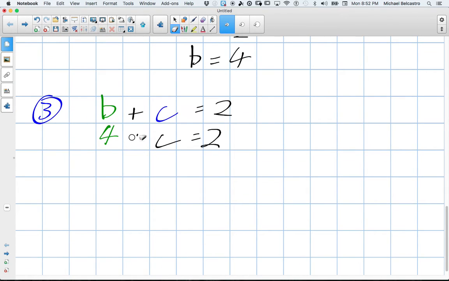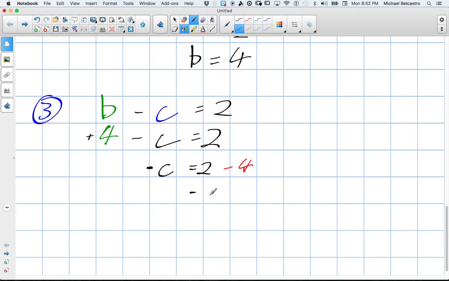Here we go. Minus. Okay. I'm going to bring 4 to the other side because it's positive 4 here. When it goes to the other side, it becomes negative. This is a negative C. So it still stays negative C equals 2 minus 4. 2 minus 4 is negative 2.